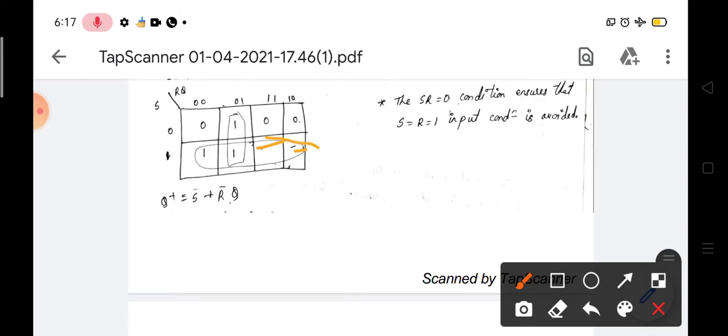I considered this to be giving me one expression. Once I simplify this using K maps, this gives me S bar and this gives me R bar Q. So this is the characteristic equation for the next state of an SR flip-flop.